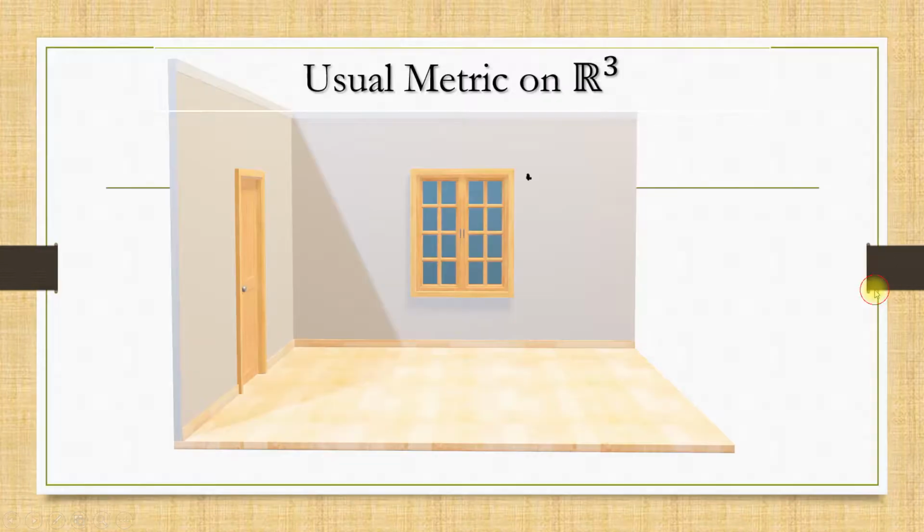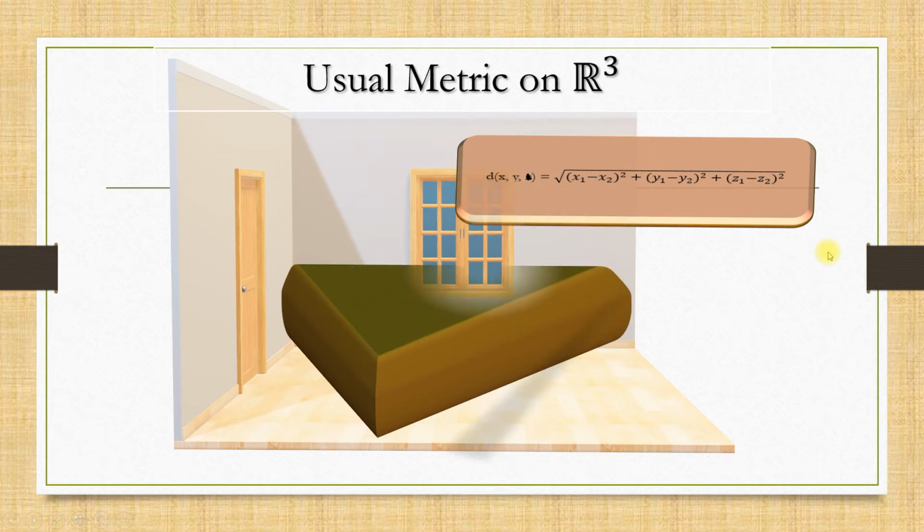In the same way, we can define the usual metric on R3. The usual metric on R3 is given by d(x,y) equal to the square root of (x1 minus x2) whole square plus (y1 minus y2) whole square plus (z1 minus z2) whole square, where the coordinate of x is (x1, y1, z1) and the coordinate of y is (x2, y2, z2).